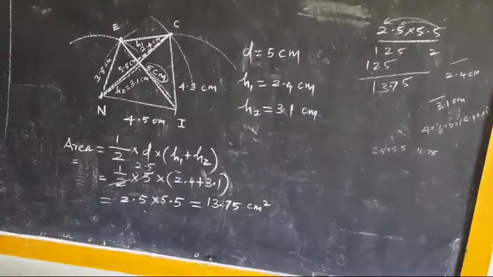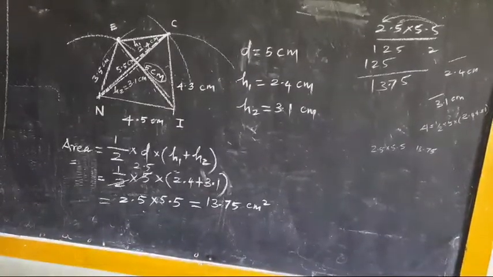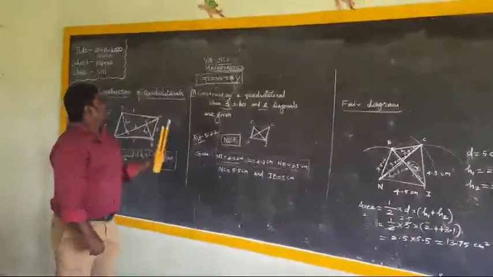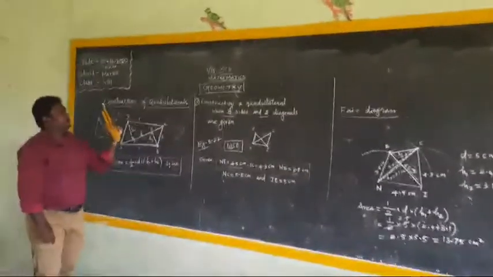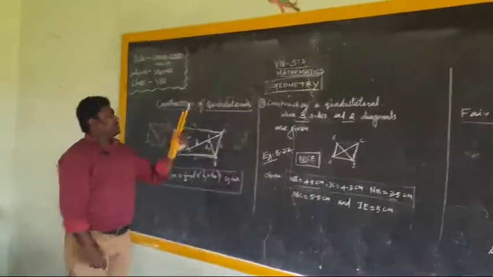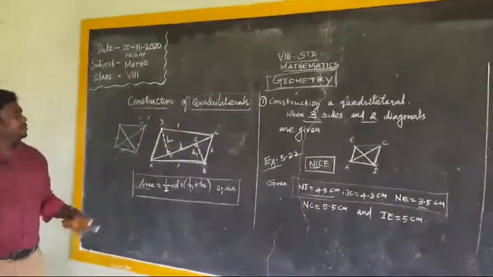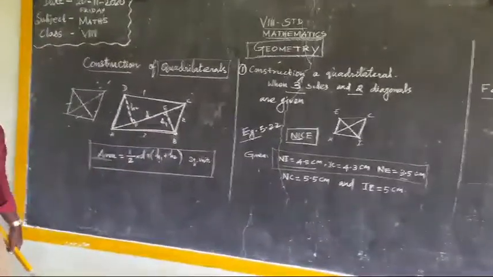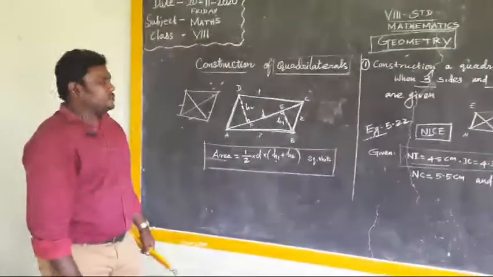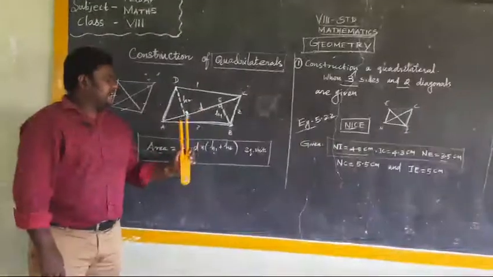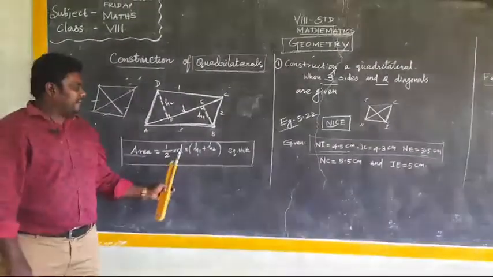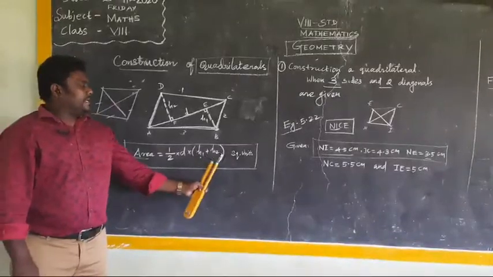Okay. So this is a very important model in geometry. We know that in geometry, construction of a quadrilateral: any 4 sides enclosing an area is called a quadrilateral, and the area of the quadrilateral is half into d into (h1 plus h2).